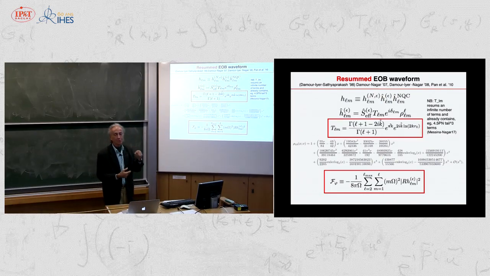But we need also to resum the emission of gravitational waves, because I have shown before that the flux emitted by two bodies is given a priori by a perturbation expansion, which also breaks down. So if you want to add radiation damping to the motion of the conservative system, you need to resum not only the dynamics, but also the flux emitted at infinity.